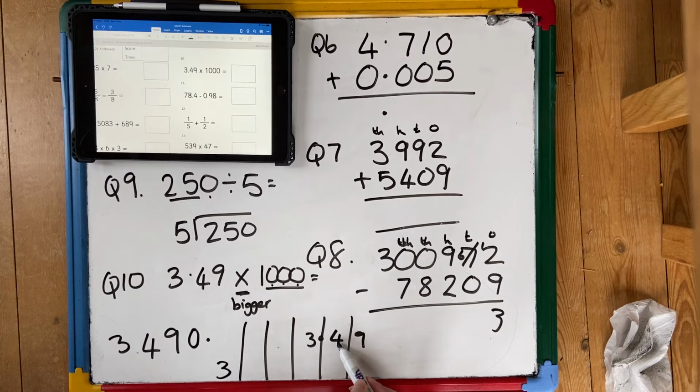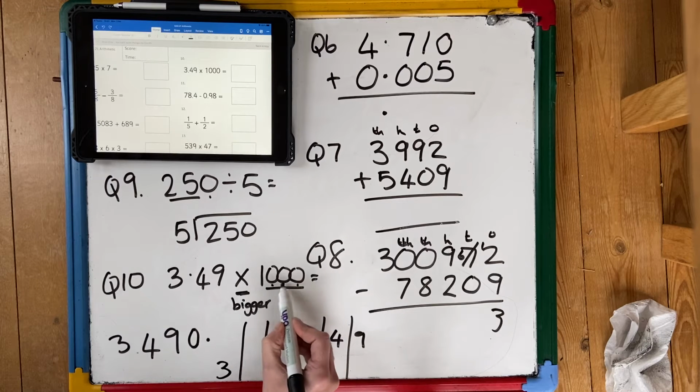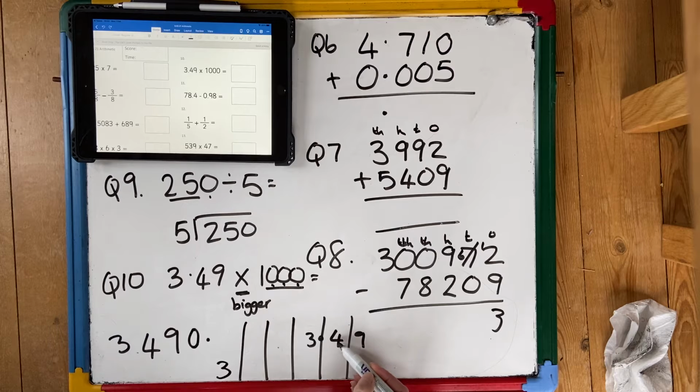Move the 4 3 places because there's 3 zeros, and we're making the number 1,000 times bigger. So move the 4 3 places, 1, 2, 3. Move the 9 3 places, 1, 2, 3. But the decimal point will always stay in the same position, and then you need a placeholder here.